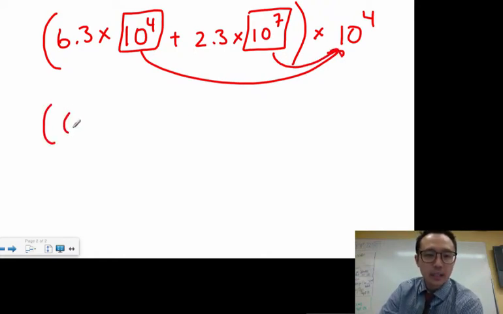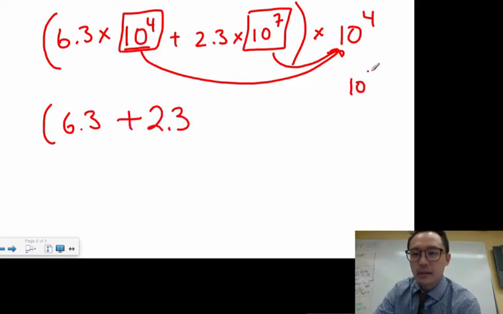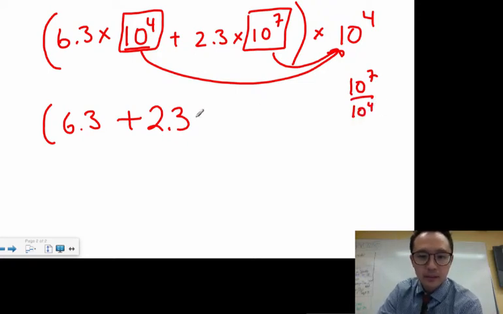All the decimal places stay the same, so 6.3. Since this is 10 to the power 4 divided by 10 to the 4, it cancels into 1, so we don't need that. Plus 2.3, and this is 10 to the power 7 divided by 10 to the 4. That's what happens when you factor. That leaves us with 10 to the power of 3.